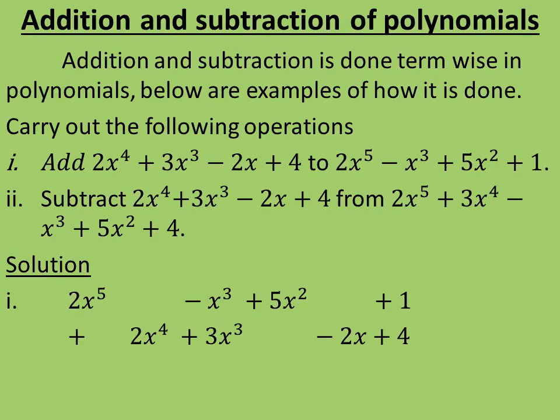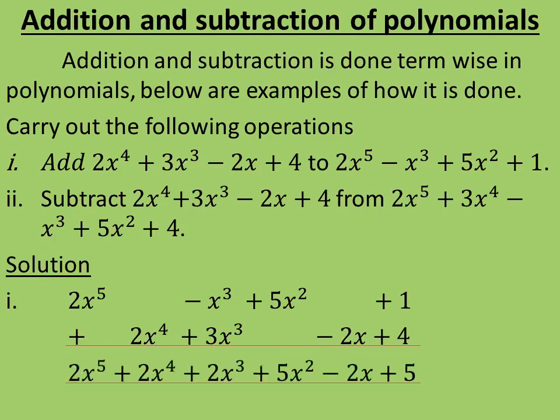You are not going to add it to anything. So this is how the addition is done. The constant term will be added to the constant term, so that will give us 5. Here, the variable with power of 1 will be added to the variable with power of 1. Actually, up here there is nothing with power of 1, so we are just going to write down the variable with power of 1 back.